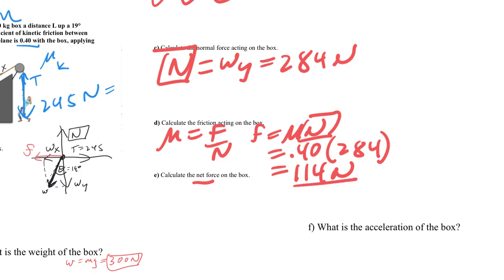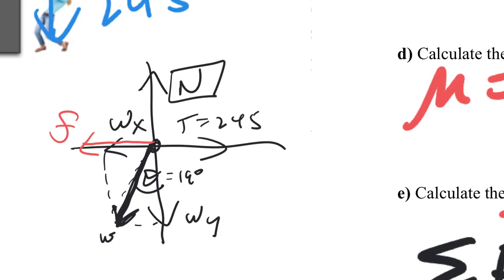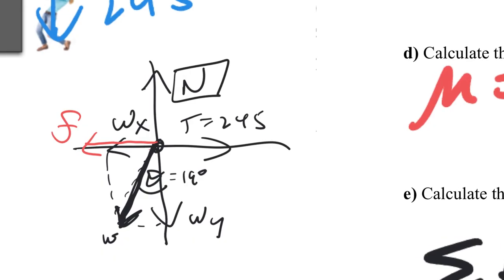Calculate the net force. I already did the normal force, so the net force in the x direction, being along the ramp, is equal to ma. But I don't have a, so look at my diagram. Okay, be careful.